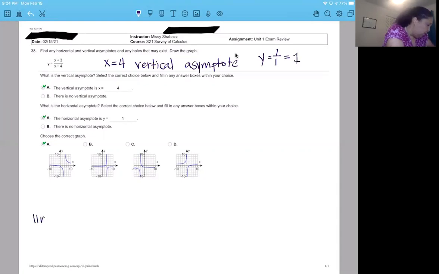The other way is we could take the limit as x goes to infinity of x plus 3 over x minus 4. And what we always do is we divide by the highest degree in the denominator. So that would be x.